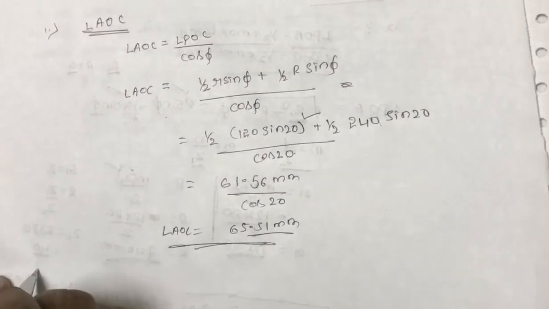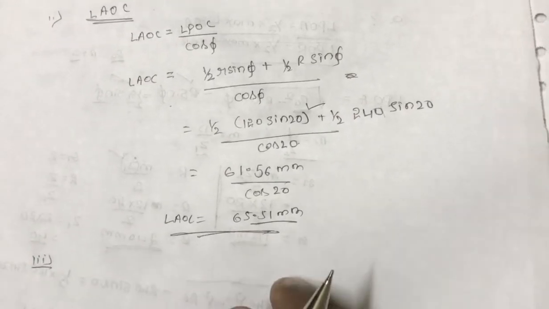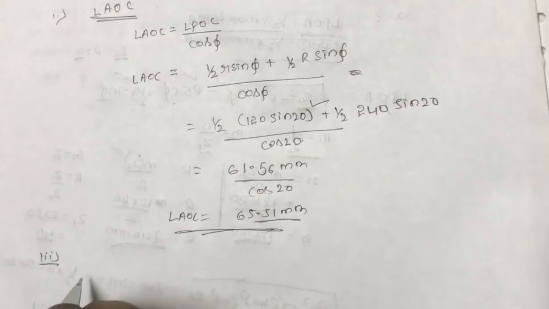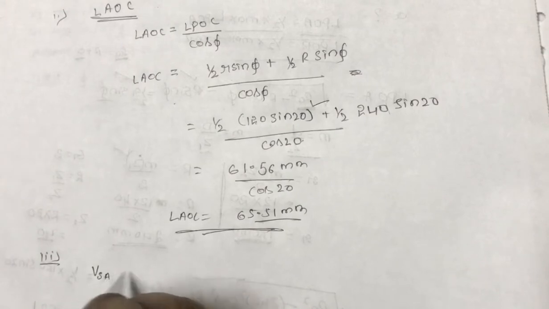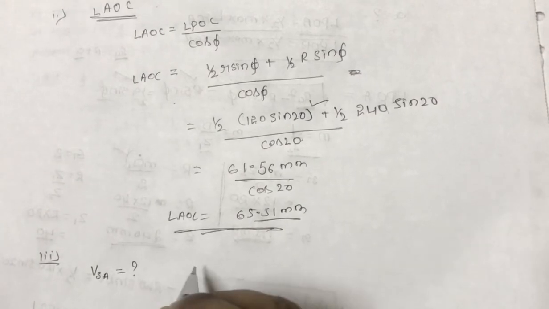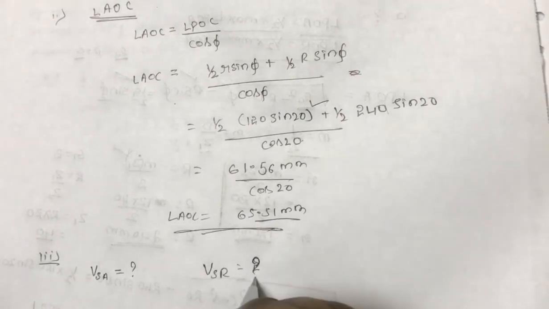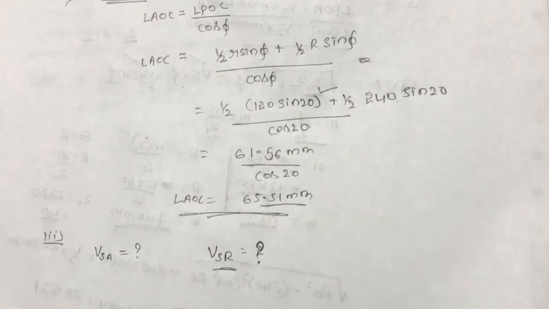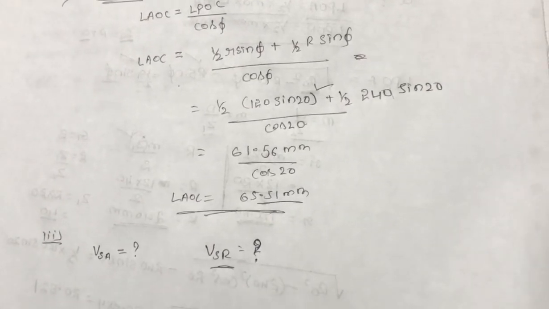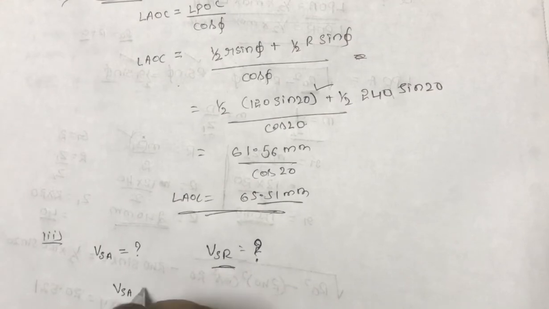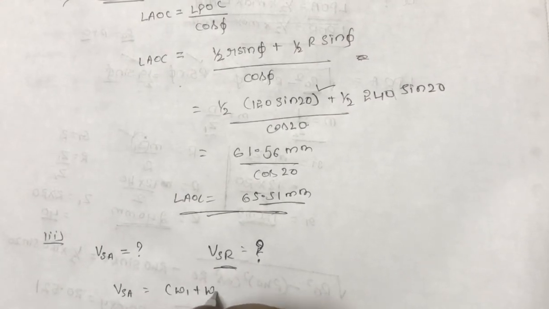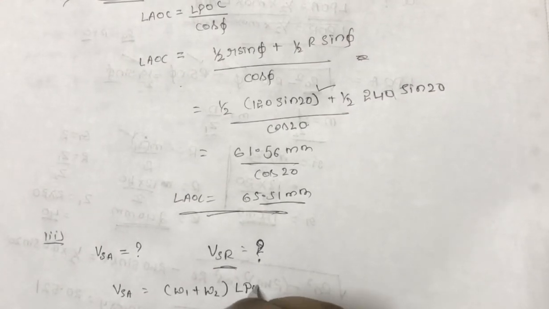Okay, so the third one is asking for maximum sliding velocity during approach as well as recess. So I'll take the maximum sliding velocity during approach as VSA, and the maximum sliding velocity during recess as VSR. To find out these two, we have the formula VSA is equal to omega 1 plus omega 2 into LPOA.